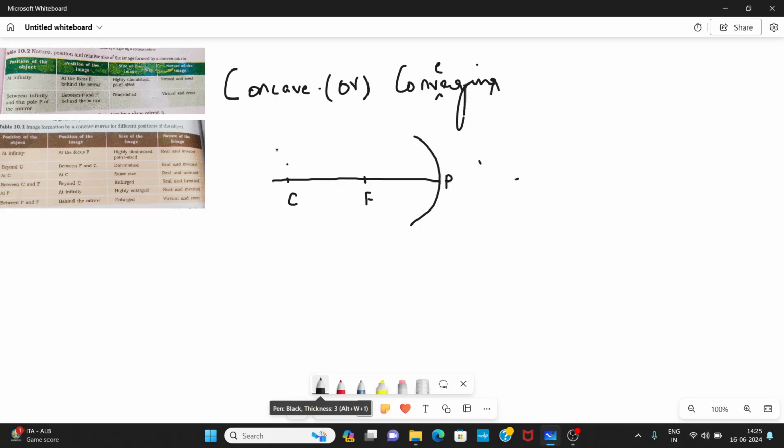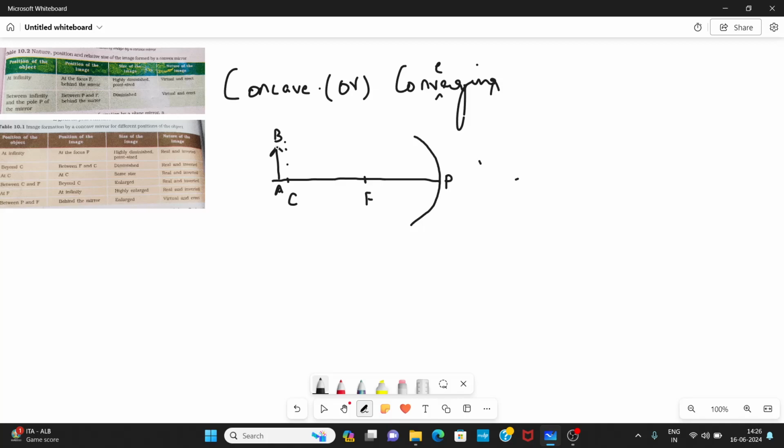Suppose I'm placing my object here. This is the object AB. So it is beyond C. My object is beyond C.